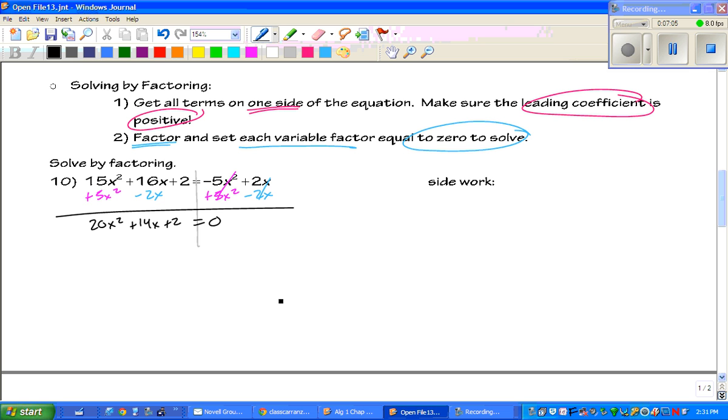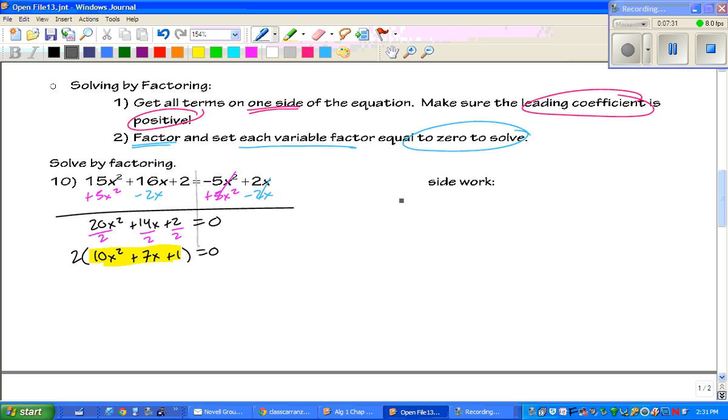Okay, so now when we're factoring, the first thing we always check is the GCF. And there is a GCF. We can divide everything by 2. And we write our remainder inside: 10x squared plus 7x plus 1 equals 0. Now it's time to do some side work.